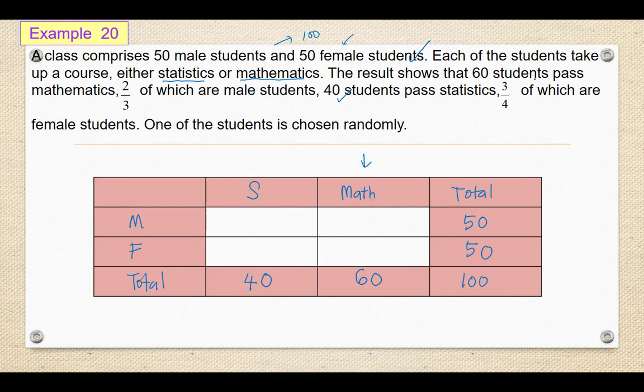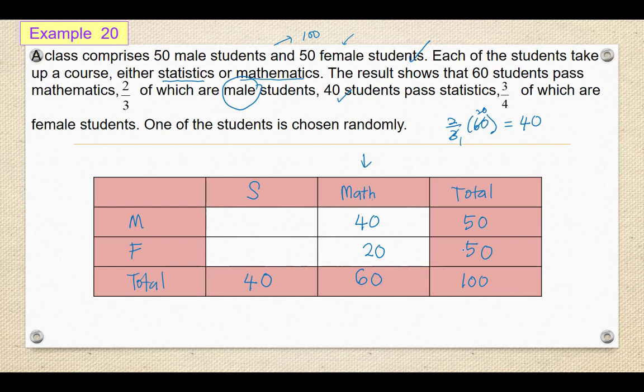The result shows that 60 students pass mathematics, 2/3 of which are male students. So we calculate 2/3 of 60, and we will get 40. So mathematics and male is 40 students here, and then we complete the 60, so this one will be 20.